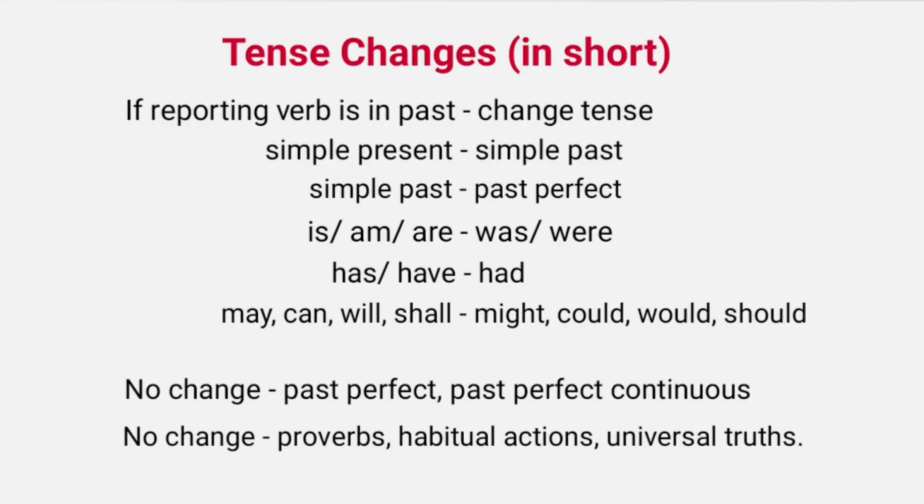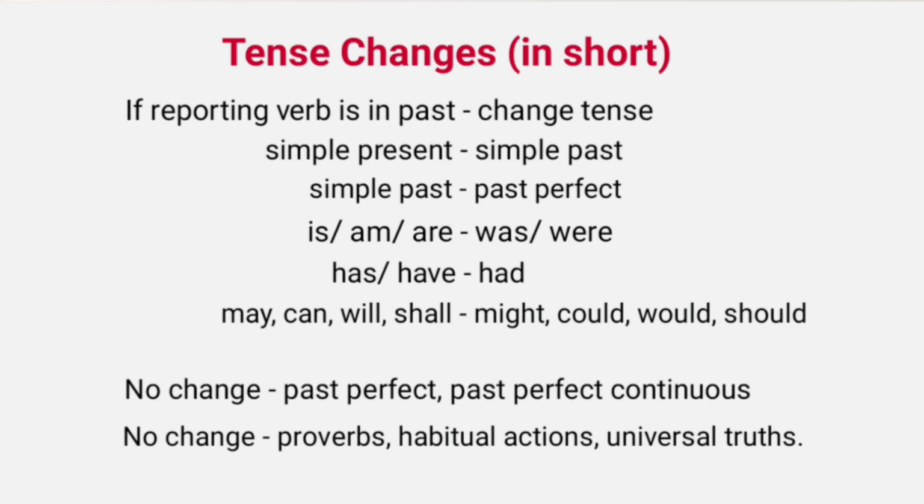To memorize all these changes, you can see them in short here. If the reporting verb is in past, change the tense in the reported speech. Change simple present into simple past. Simple past into past perfect. Is, am or are into was or were.